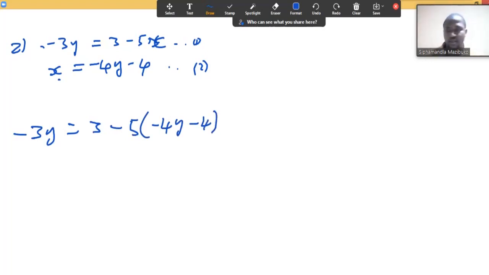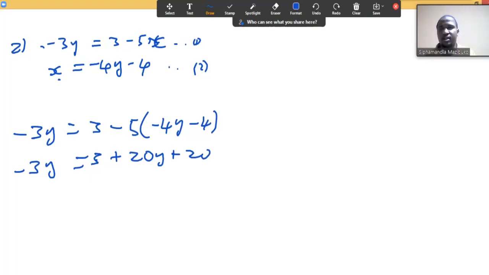So we have minus 3y is equal to 3 plus, because minus 5 times minus 4y should give us positive 20y, and minus 5 times minus 4 gives positive 20 as well. So now we can easily say we have 20 minus 3y is equal to 23 plus 20y.